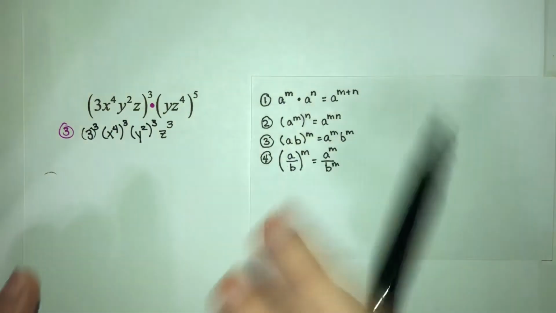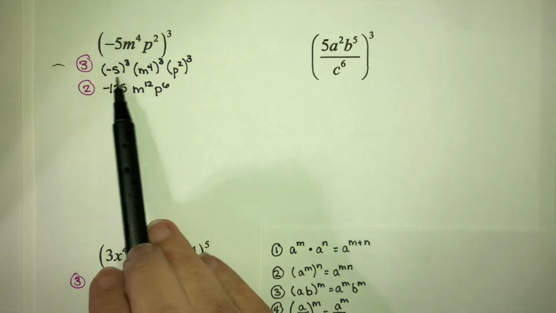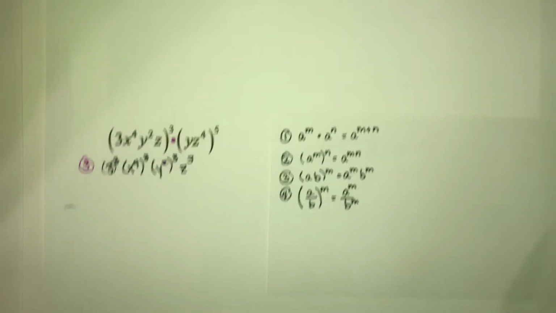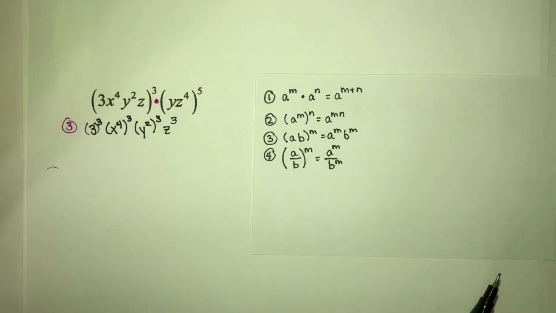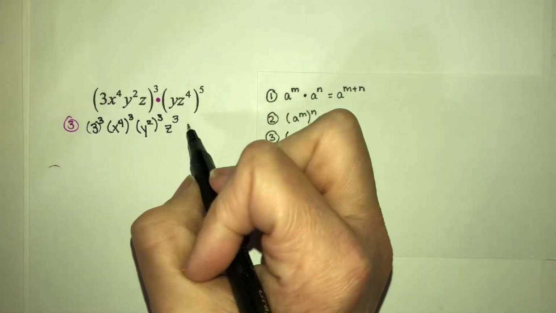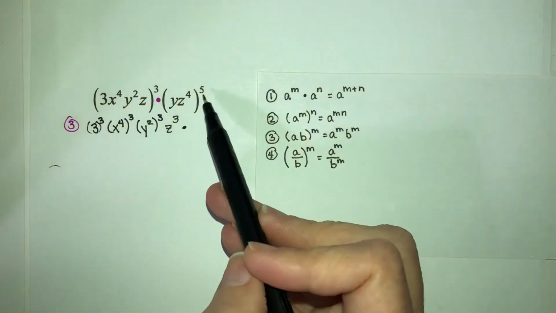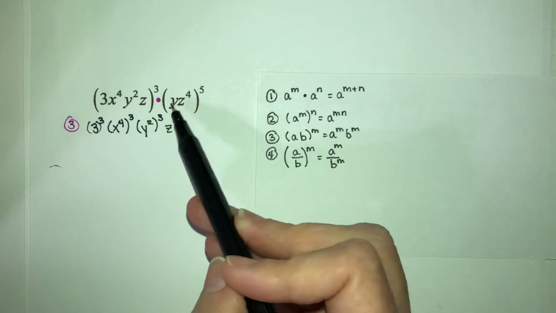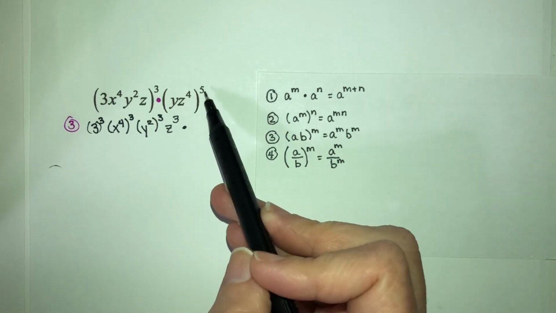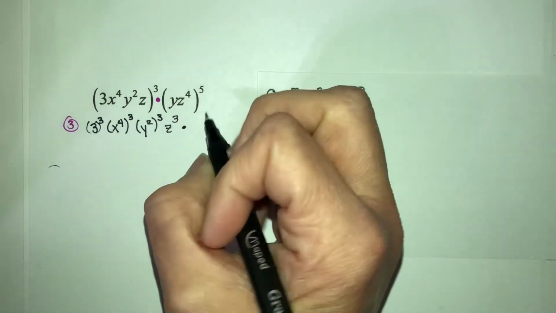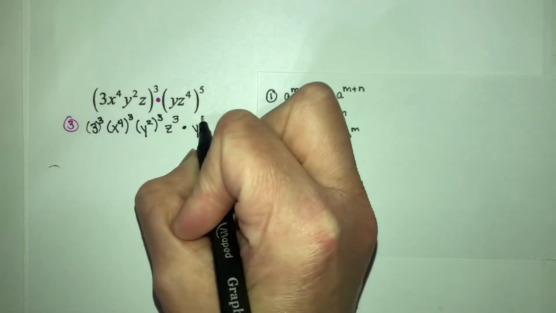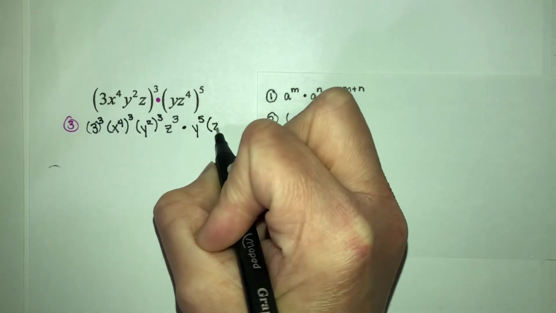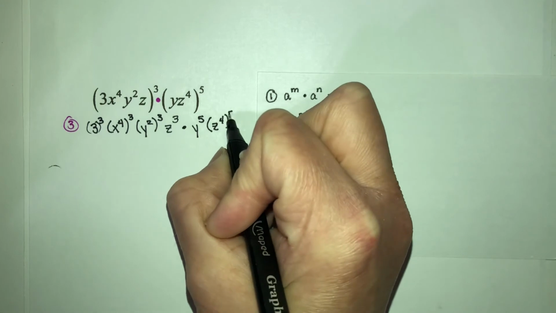Like I said on the previous problem, it was important because that's a negative. We don't have that here, but it certainly doesn't hurt. Okay, times, we have basically the same thing here. We have 5 on the outside and things multiplied together here. So we take this 5th power and apply it to each one. So this is y to the 5th, z to the 4th to the 5th.